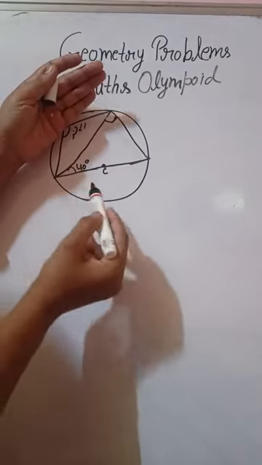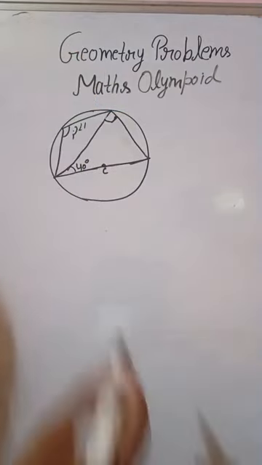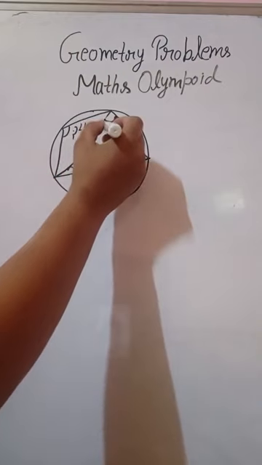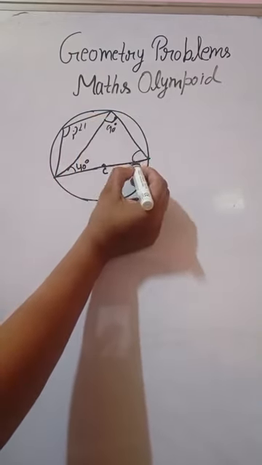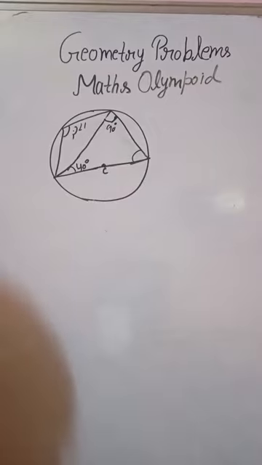This is our triangle, and inside the triangle this angle is 40 degrees, this angle is 90 degrees. So first of all we have to find this angle with the help of the angle sum property of a triangle. The angle sum property of a triangle means the sum of the three angles of a triangle will be 180 degrees.